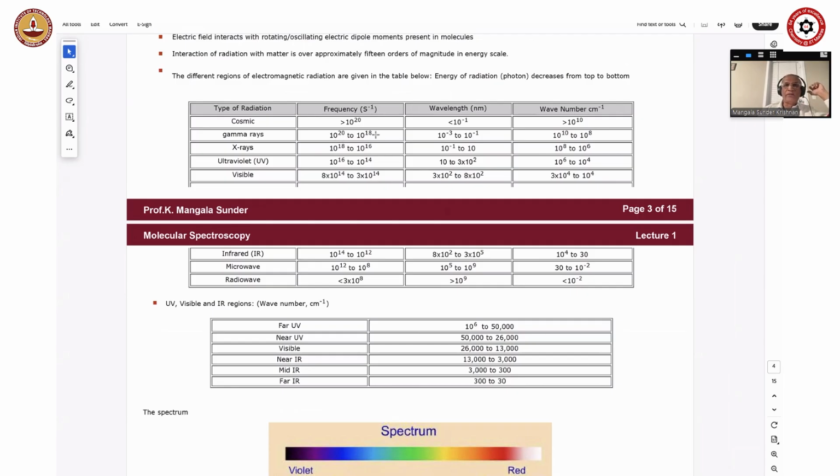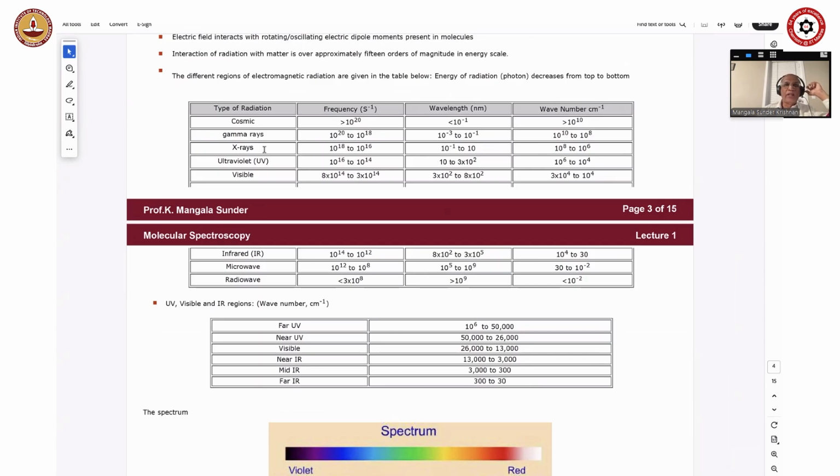Quite a lot of it. And wavelength is, of course, inversely proportional to that. Frequency into wavelength gives you the speed of light. Therefore, speed of light divided by frequency gives you wavelength. And wave number is proportional.